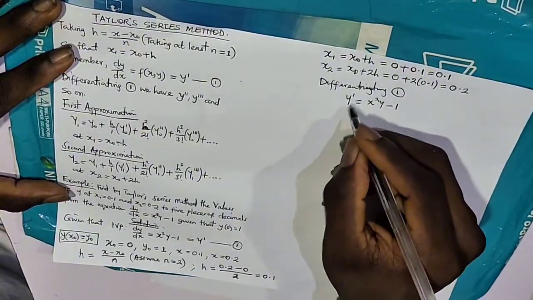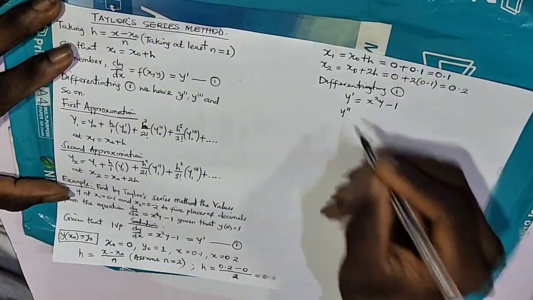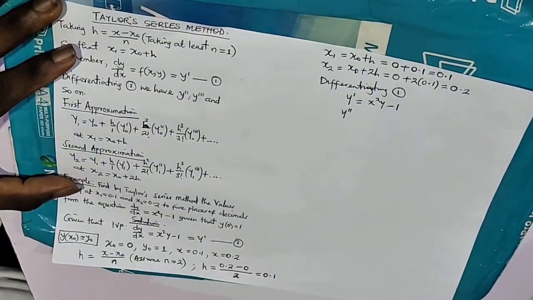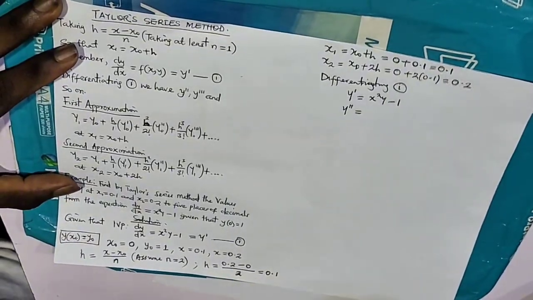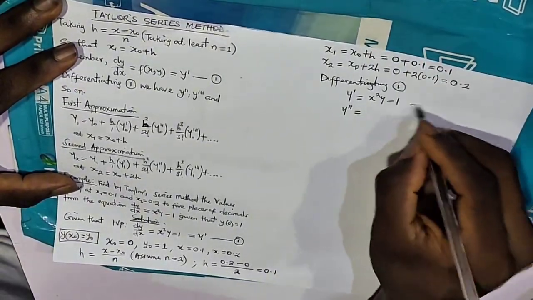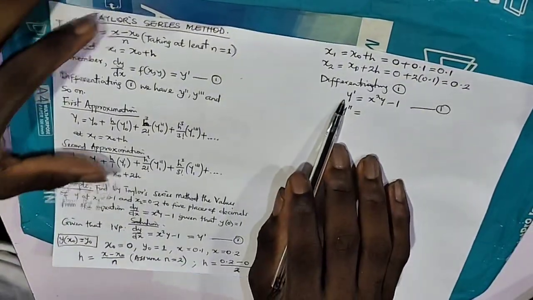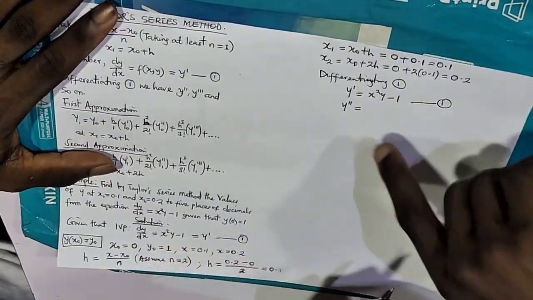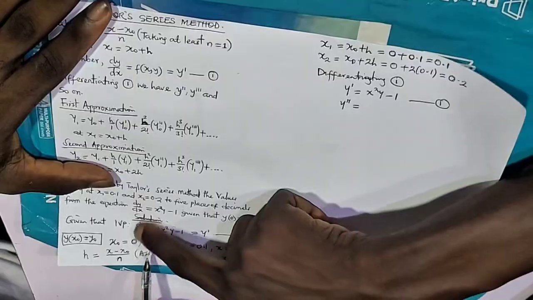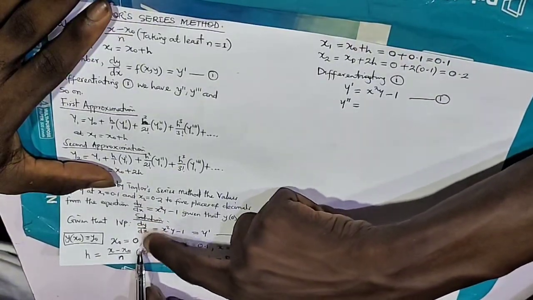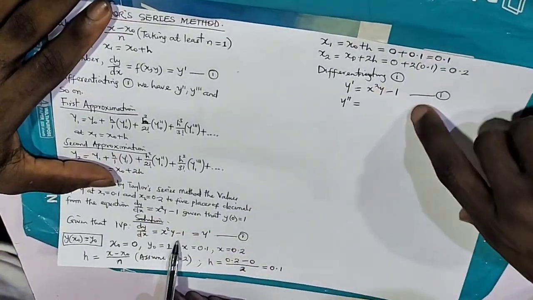So if we differentiate y prime, we have y double prime, right? Differentiating y prime. So this is equation 1. Since we know that d2y/dx2 is the same thing as y double prime, instead of writing the derivative, I just wrote it as y double prime, equal to this. Yes, exactly.